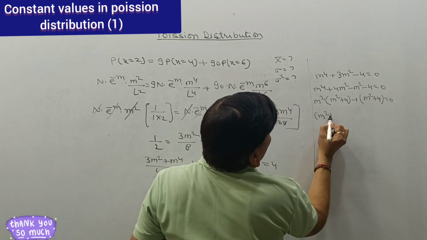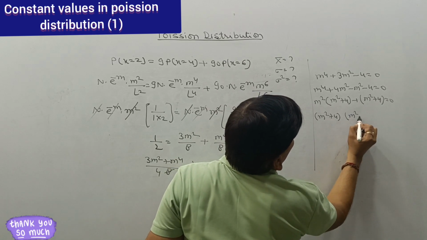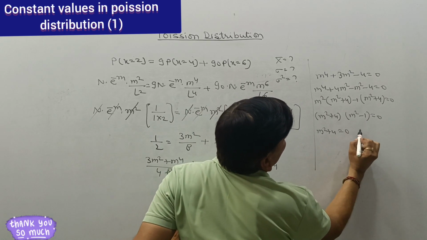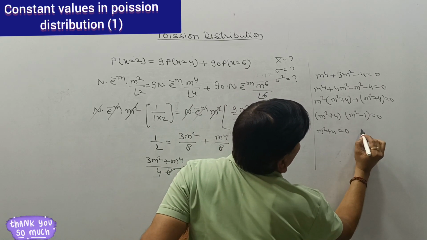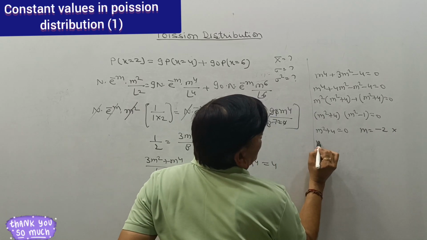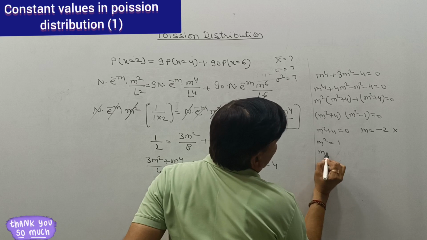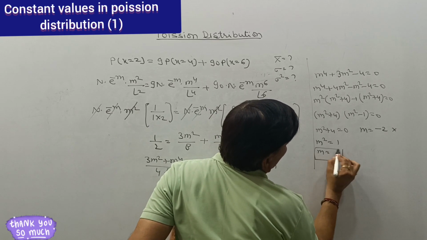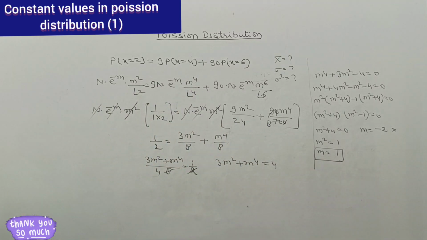So m square plus 4 common, and m square minus 1 is equal to 0. If m square plus 4 is equal to 0, then m is equal to minus 2, which is not possible. m square is equal to 1, so m is equal to plus 1 or minus 1, taking m is equal to 1. So the value of m is equal to 1.